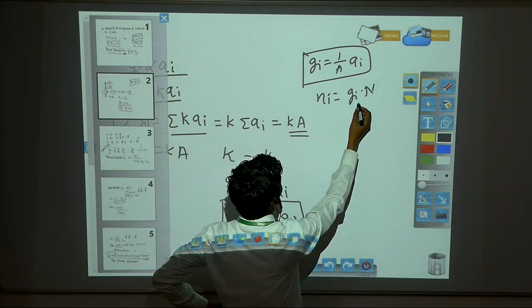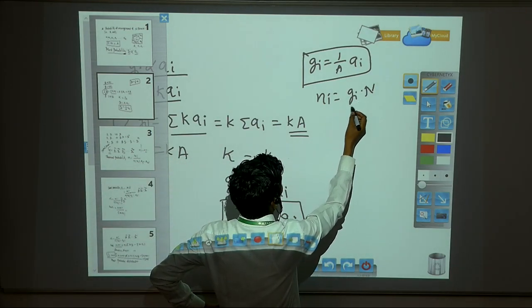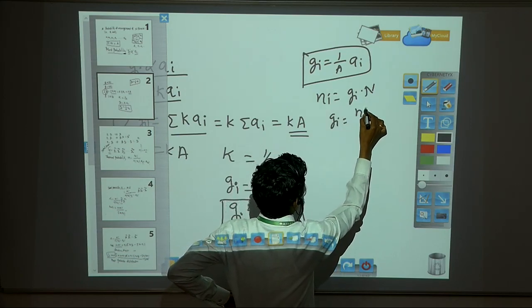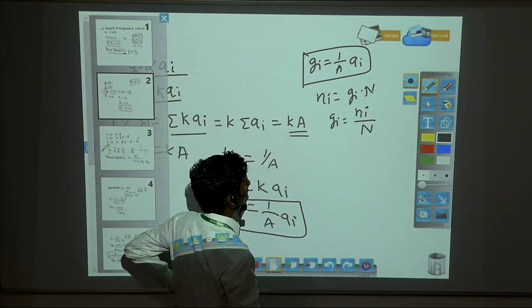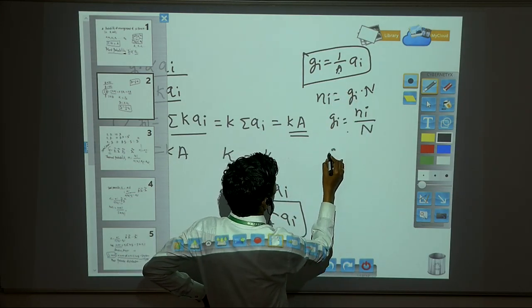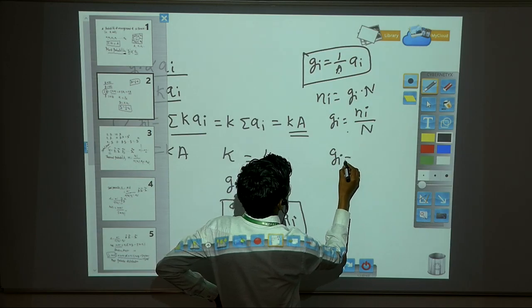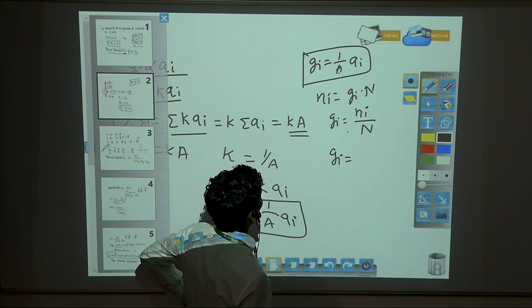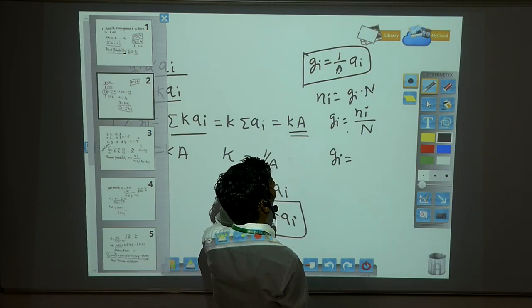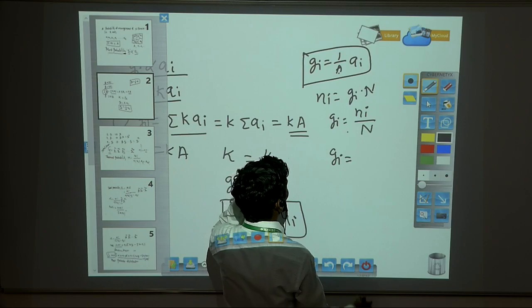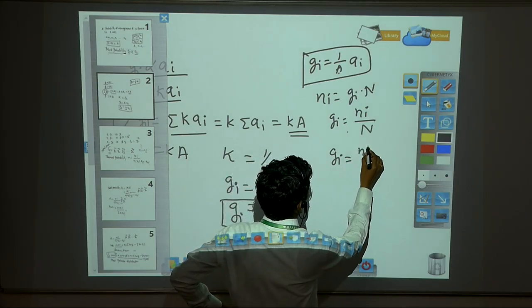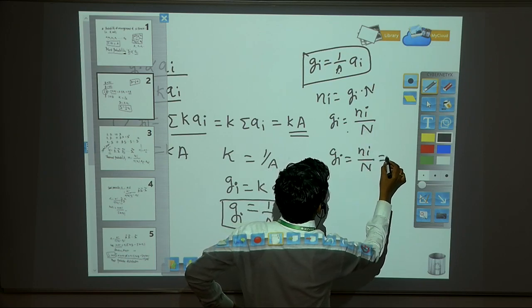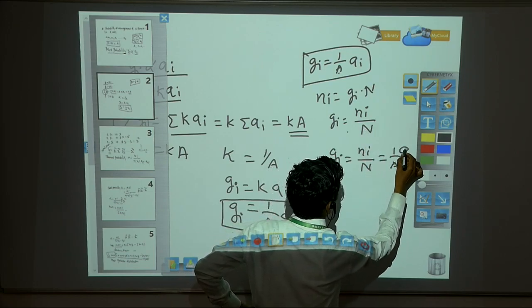Then when we substitute this value here, gi is equal to ni by N. Resubstituting here, we can write gi is equal to ni by N is equal to 1 by ai.